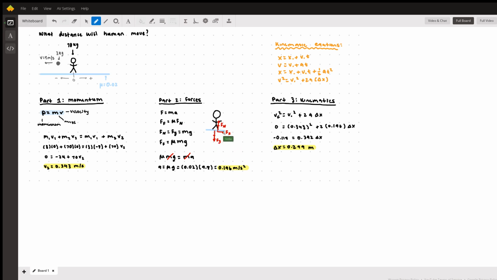The reason why gravity and normal force are equal to each other, as seen by these little tick marks, is because if they weren't equal, let's say the normal force was much higher than the gravitational force, then the human would probably fly up. But if the gravitational force was bigger, then the human would fall through the ground, and so on and so forth. So the net force is going to be that frictional force.